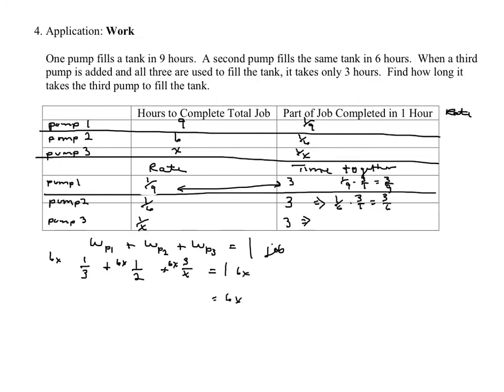So 6x is equal to, the x's will cancel, we get 18 here. It should be a plus 3x. And then when I multiply 6x times a third, I'm just going to get 2x. So I'll get 5x plus 18 equals 6x.